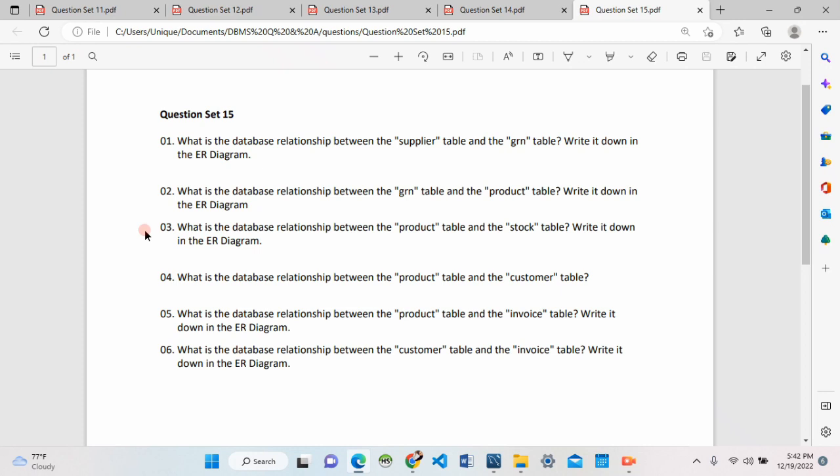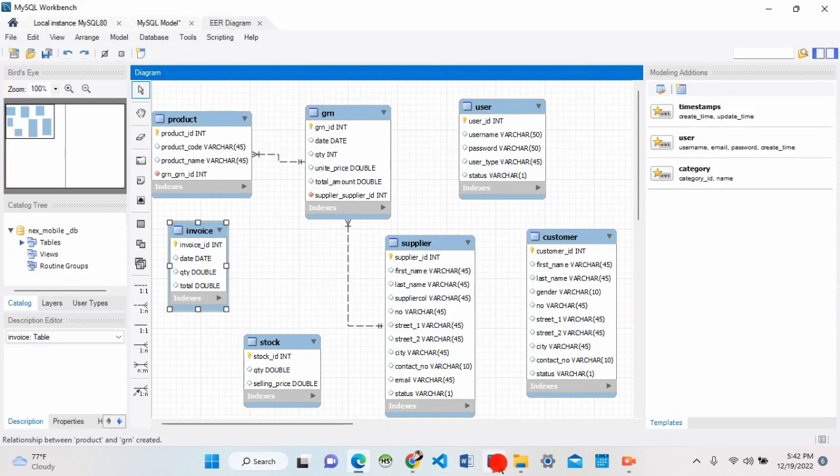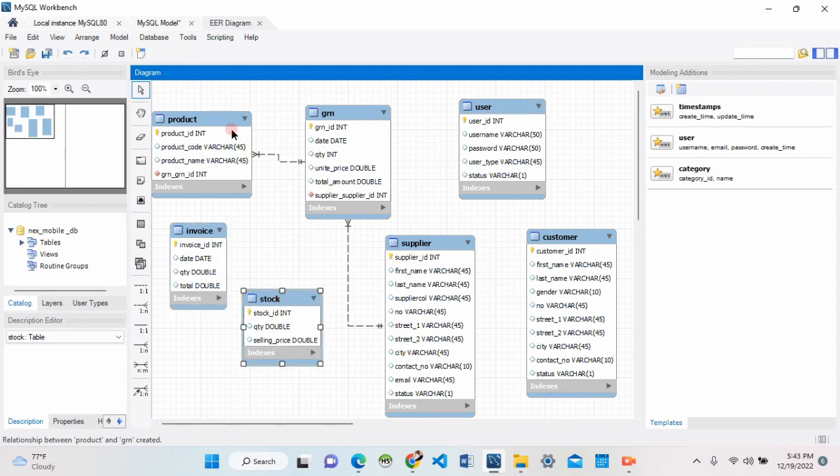Third question: what is the database relationship between the product table and the stock table? Write it down in the ER diagram. So now they are telling us to mark the relationship between the stock and product tables. This is the stock table and this is the product table.